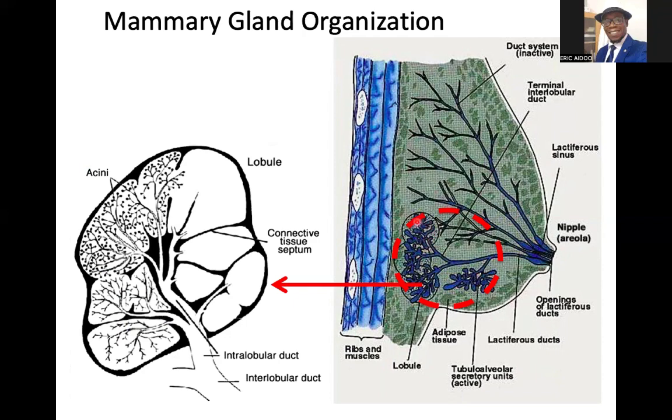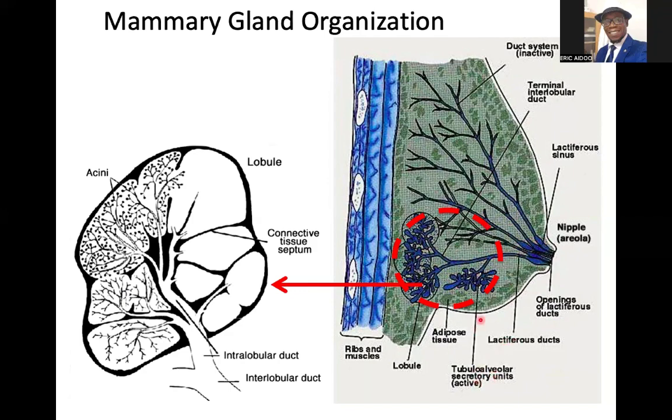You have the manufacturing center, which is actually made up of the secretory units or cells. And then they are connected by ducts all the way towards the nipple. So you have the openings of the lactiferous duct, that will be a lactiferous sinus where milk will collect. Then the slender ones are the lactiferous duct.